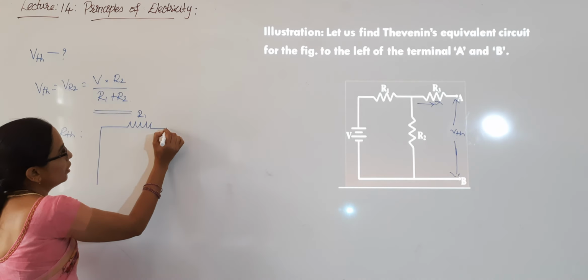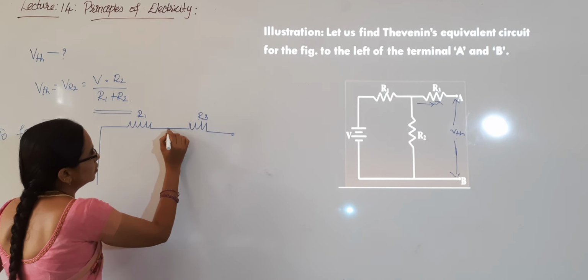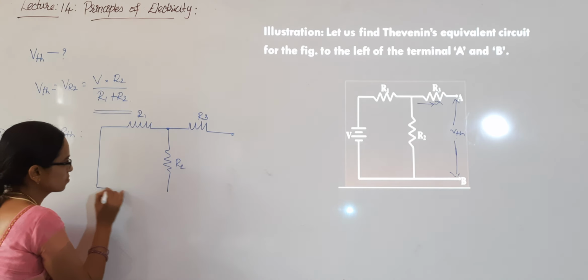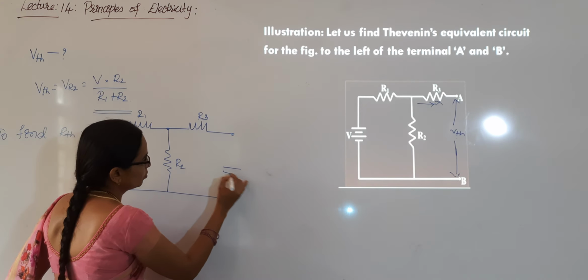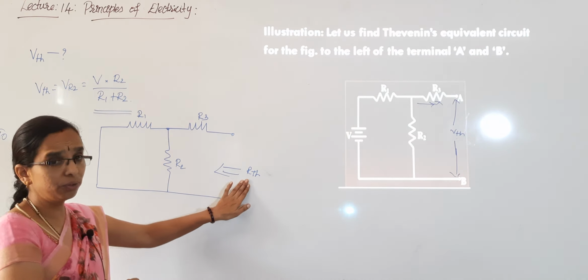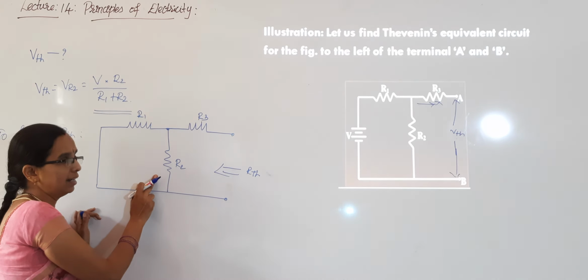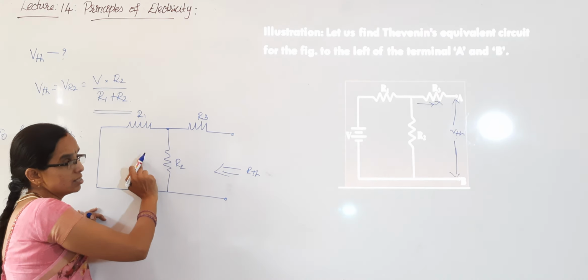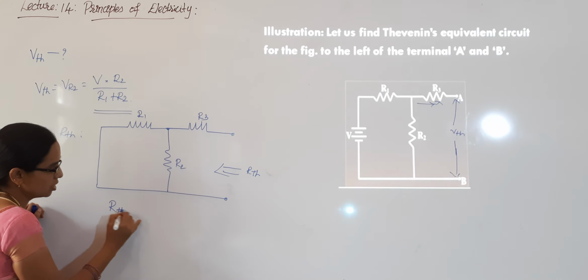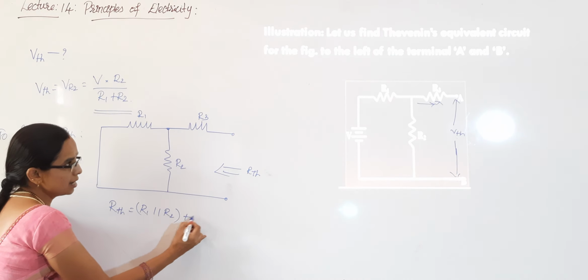Here is R1, R3, R2. We have to find RTH by looking into this terminal. What happens? R1 and R2 are in parallel, and those are in series with R3. So RTH is equal to R1 parallel to R2 plus R3.